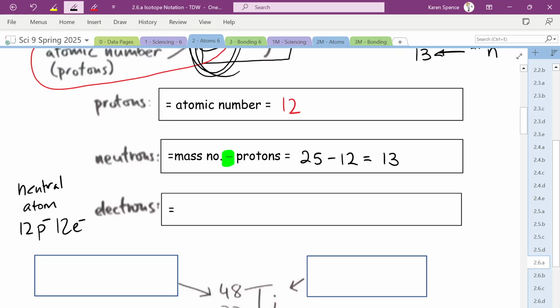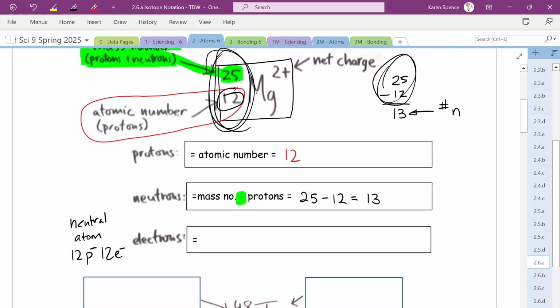However, is this a neutral atom? No. It has 2 extra positives.